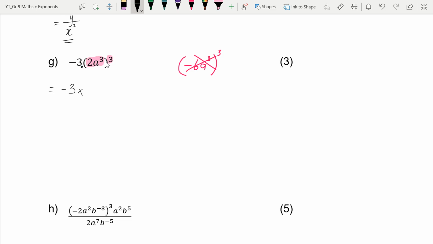So let's just deal with that one. Exponent on the inside gets multiplied with exponent. Don't multiply the exponent and the base. So that's going to land up being 2 to the power of 3 and 8 to the power of 9. In the next step, we can just simplify that. 2 to the power of 3 will be 8. And now we can multiply that to get to negative 24, 8 to the power of 9. Just showing your working step by step.